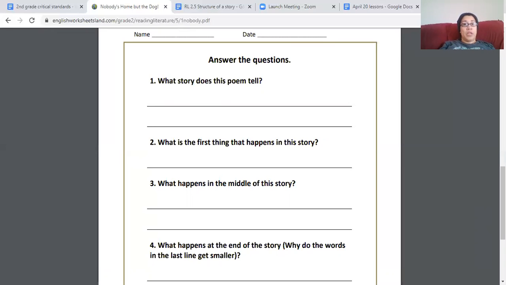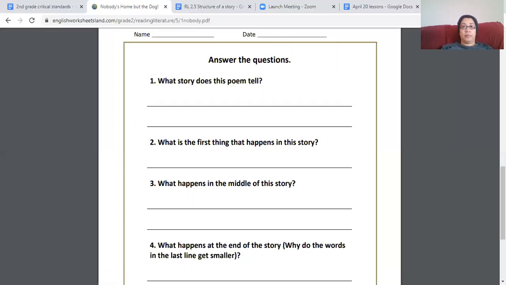All right. So what does this poem tell? You're going to write that down. Number 2, what's one of the first things that you noticed that happened in this story? Feel free to read the questions exactly the way that they are, but you guys know how I am. I don't tend to like to read the questions exactly the way that they are.